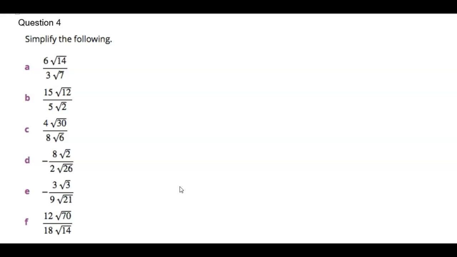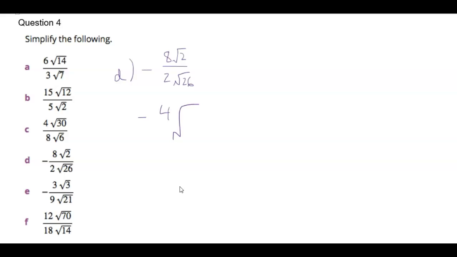Okay, so let's do D. All right, so we've got negative 8 root 2 over 2 root 26. If we keep the negative sign there, it doesn't go away. So 8 over 2 is 4. And then I've got 2, and so that's 4 over 1, so I don't have to write that as a fraction.